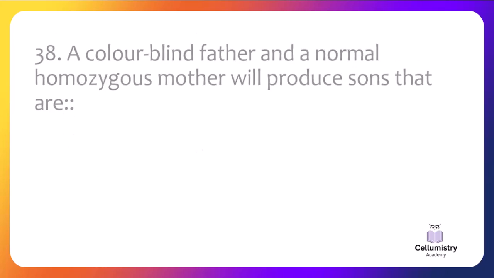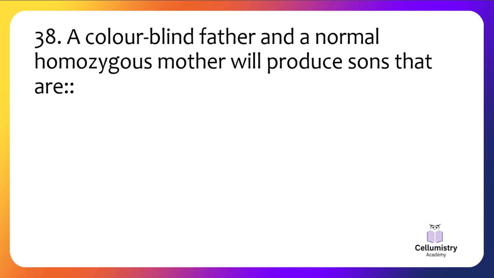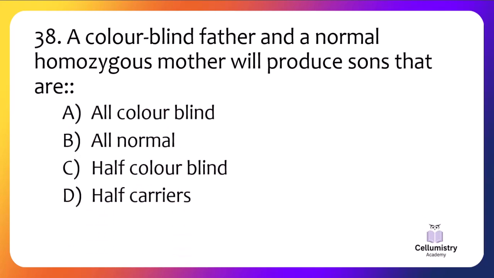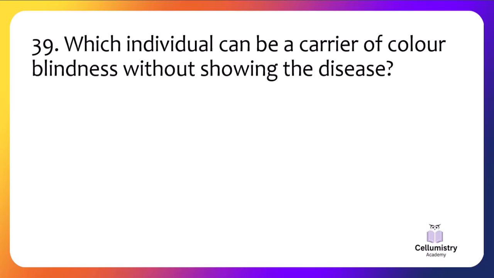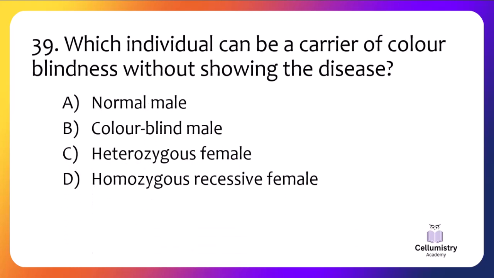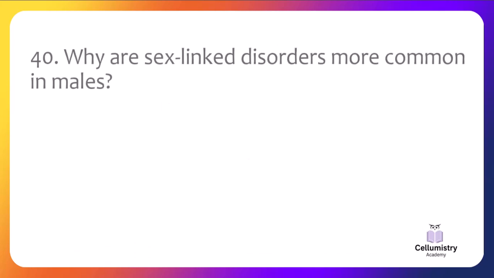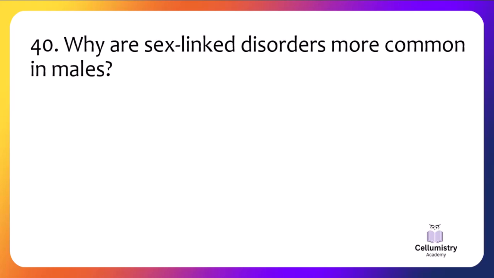A colorblind father and a normal homozygous mother will produce sons that are... Answer is B, all normal. Which individual can be a carrier of color blindness without showing the disease? Answer is C, heterozygous female. Why are sex-linked disorders more common in males?